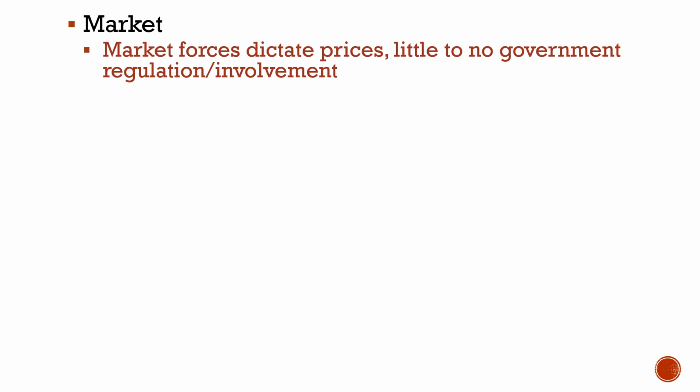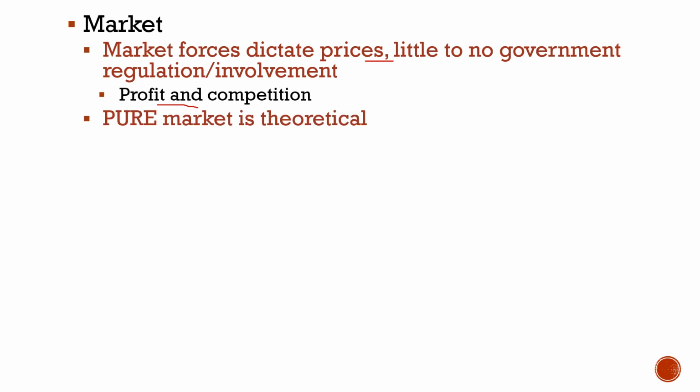Then the market economy, this is more where we are at. So the market force dictates the price. So we think about like supply and demand. So if we need it more, then the price goes up. So there's little or no government regulation that's involved as far as pricing. So profit and competition is what drives the prices. A pure market is really theoretical.